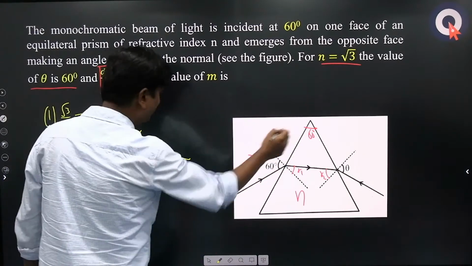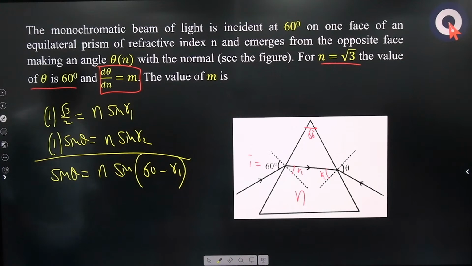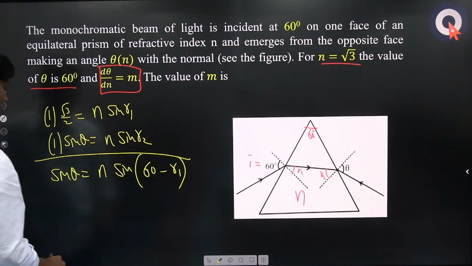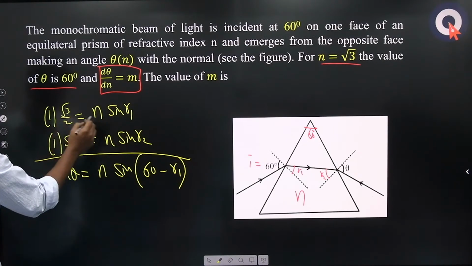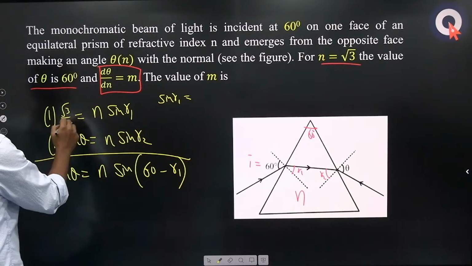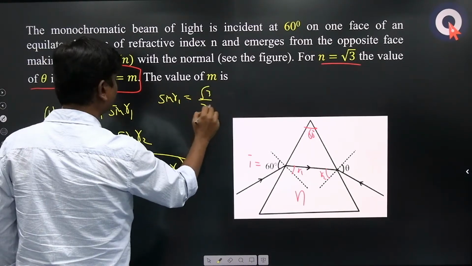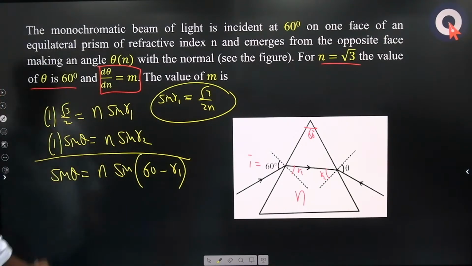R2 you can write in terms of 60 minus R1, right? That is sin theta. And R1 also, you know what is sin R1? Sin R1 is root 3 by 2n.